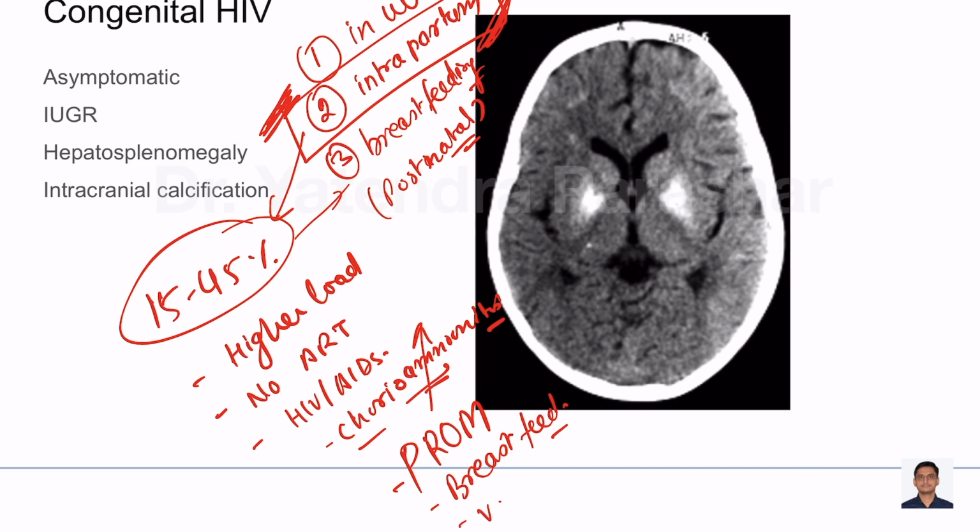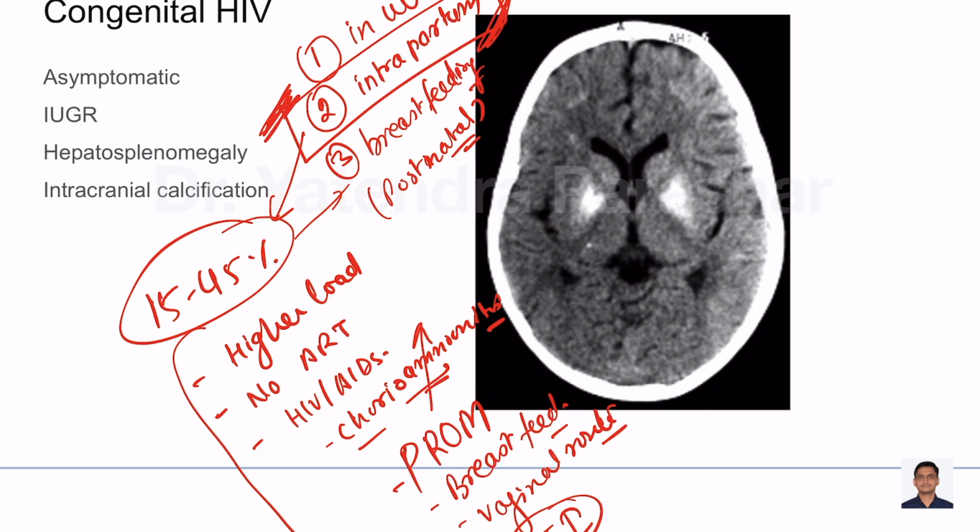So cesarean section should be preferred, along with ART, to prevent the transmission. And if the mother has another sexually transmitted infection along with the HIV, then the risk of transmission also increases.